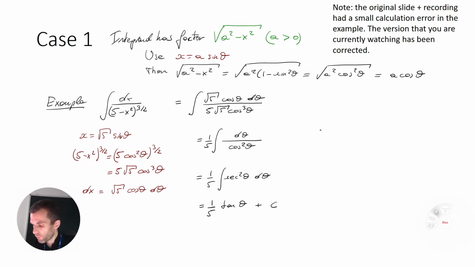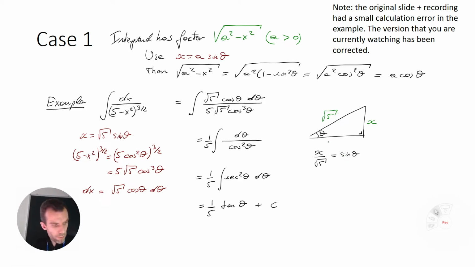So for that we have to sketch a right angle triangle. We put theta here, and from the fact that x divided by square root of 5 is sine theta, we can deduce that the sides in our triangle are the following. The opposite side is x, the hypotenuse is square root of 5, and that gives us x over square root of 5 for the sine.